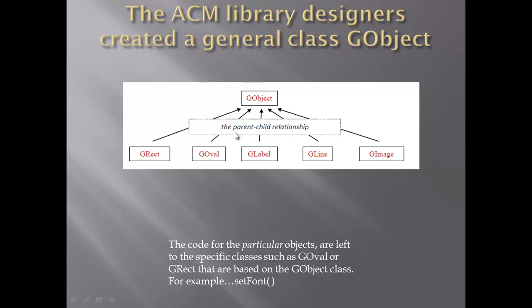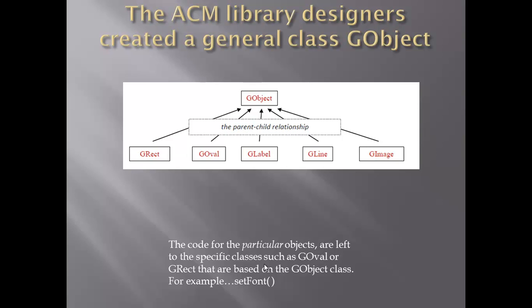Another way of looking at that, instead of saying it's the parent-child relationship, you could call this the superclass, and these could be called the subclasses. As it says down here, the code for particular objects is often left to the specific classes. You can think of it like the way our federal government versus state government works.